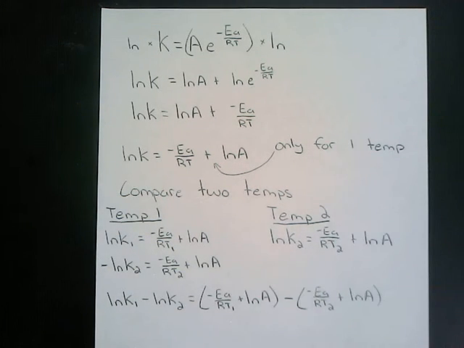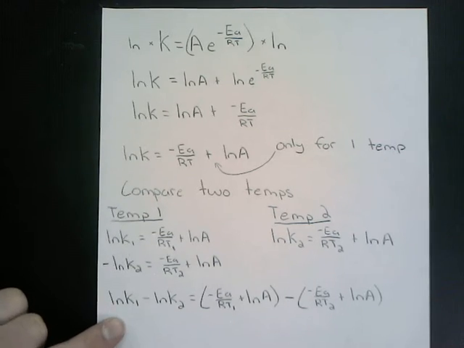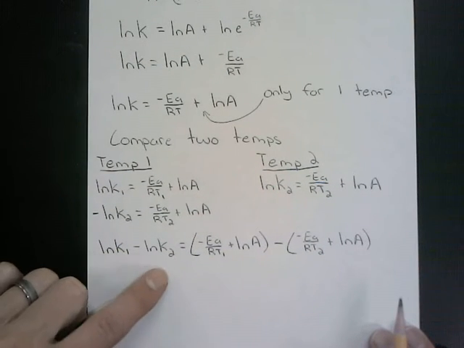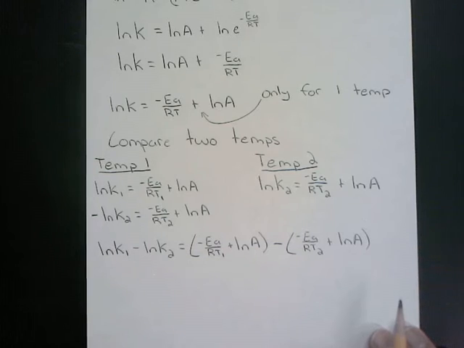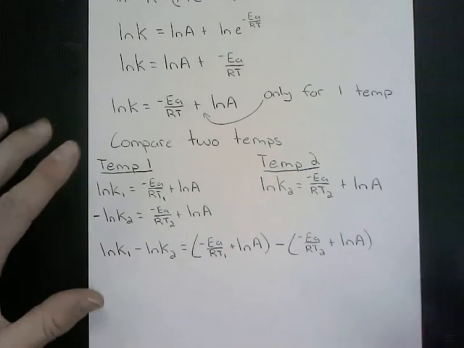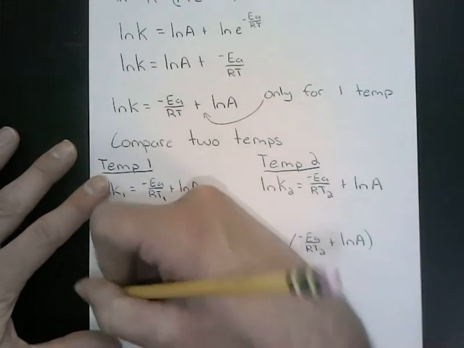Well, what we can do is this. We can, if you look closely, do a couple things. One, we're dealing with natural logs. So a natural log minus a natural log, you can consolidate this because of the rules of natural logs.